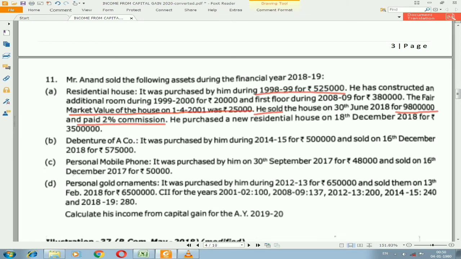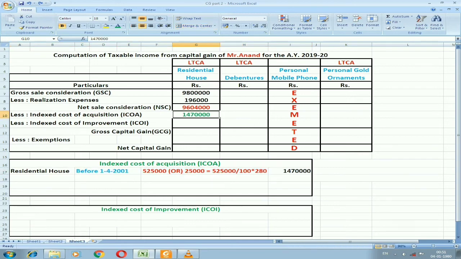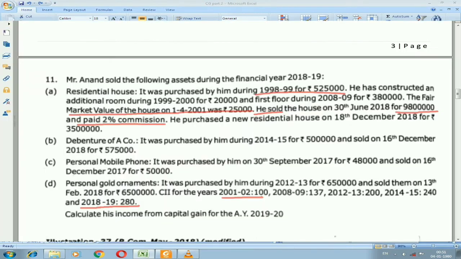Compare these two, divide by 100 and multiply with 280. You can see this calculation I have done in the working note. 5,25,000 or 25,000, whichever is higher. 5,25,000 divided by 100 into 280, so I'll get 14,70,000.